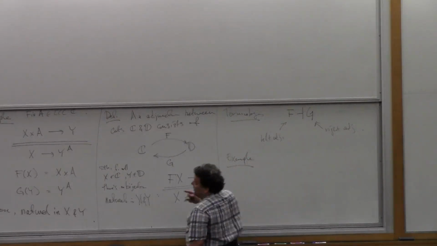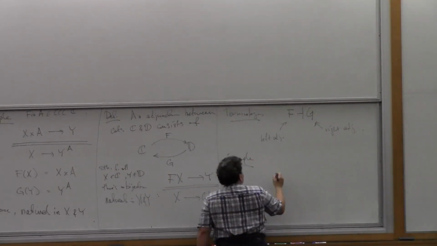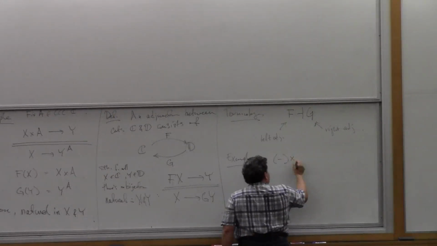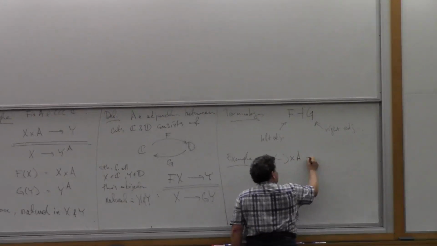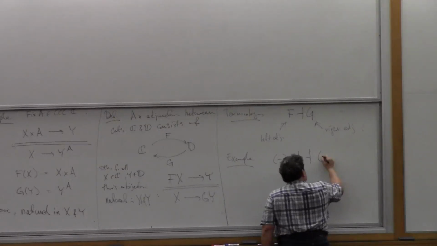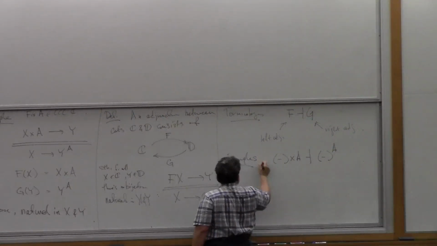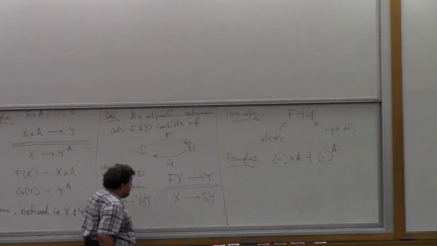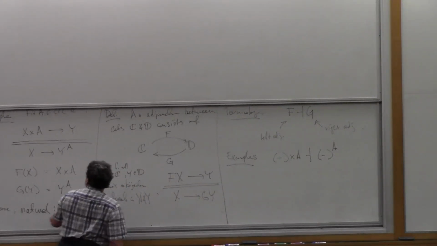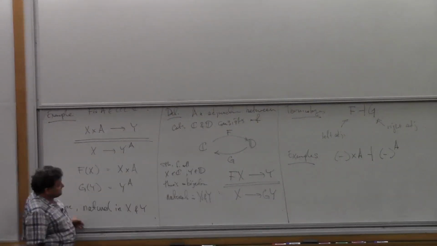We showed that the operation, the functor cross with A, is left adjoint to the functor taken exponent by A. So that's our first example. Right? Everybody good? That's exactly this example.